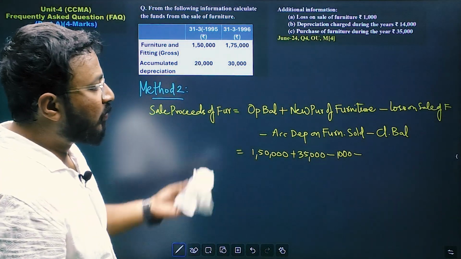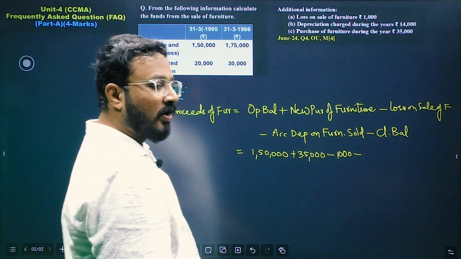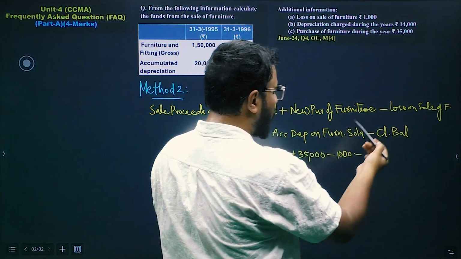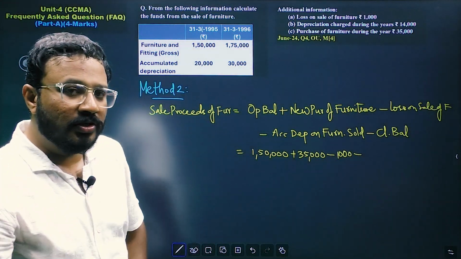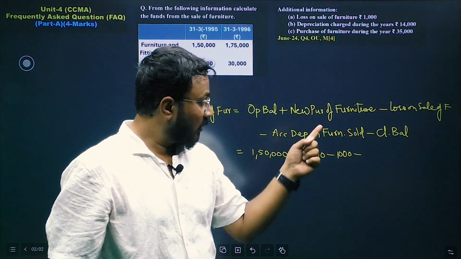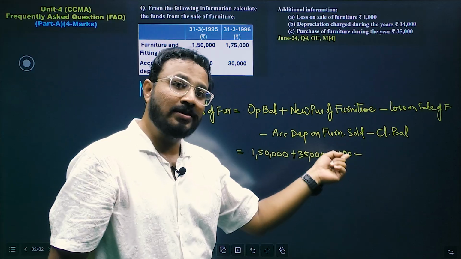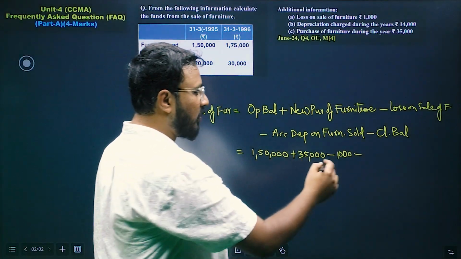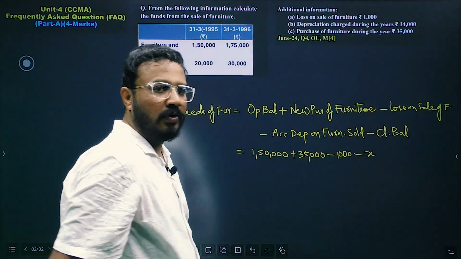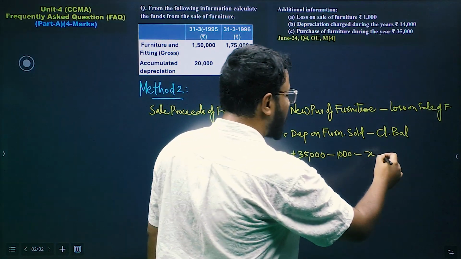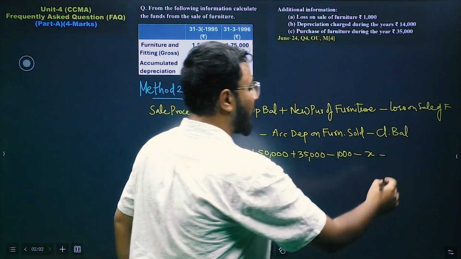Minus accumulated depreciation on furniture sold. Many students will make a mistake of writing 14,000 here. అది current year depreciation కాదు. Whatever is the asset sold, that depreciation, the accumulated depreciation on the asset which is sold. ఇది మనకు తెలియదు, X రాస్తున్నా ఇక్కడ. Okay. Minus closing balance is given already 1,75,000.